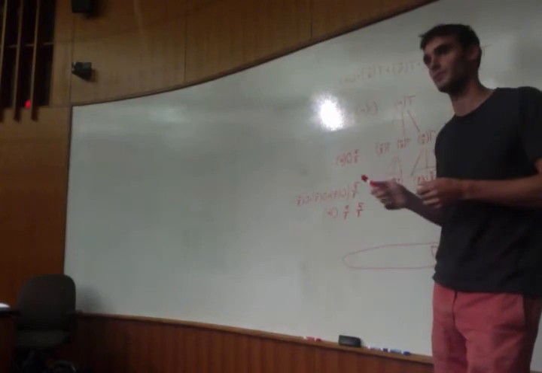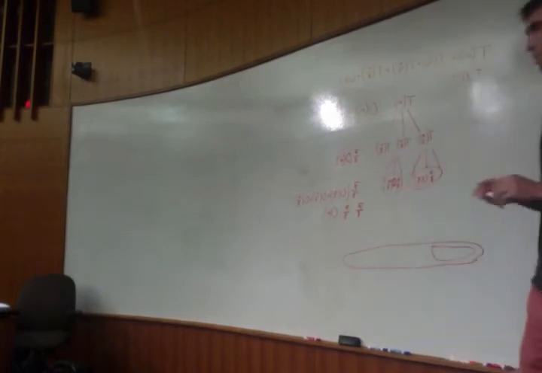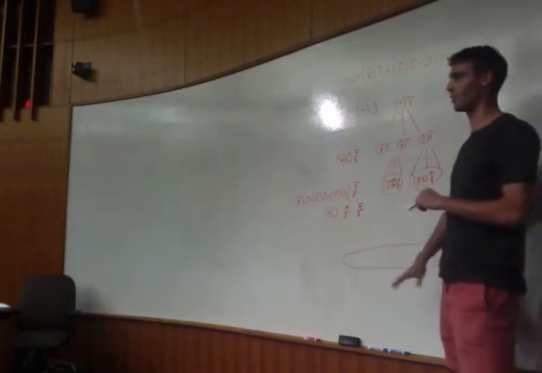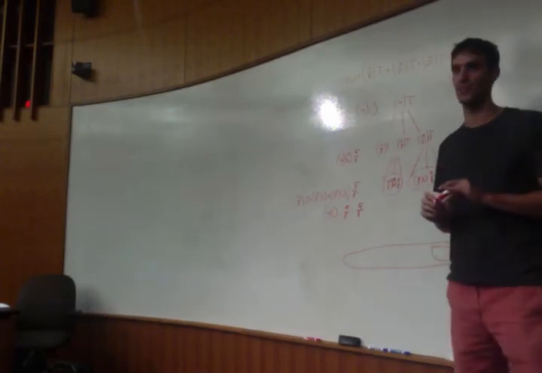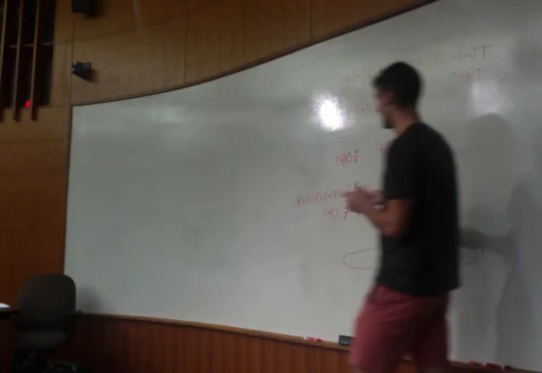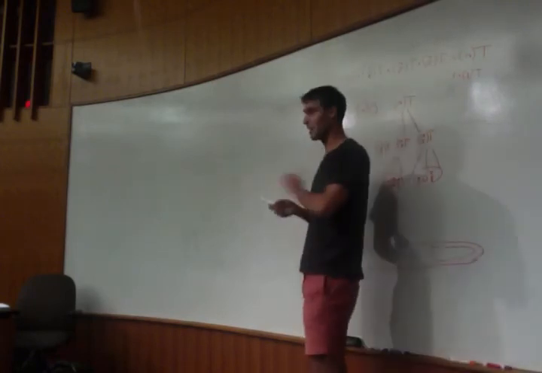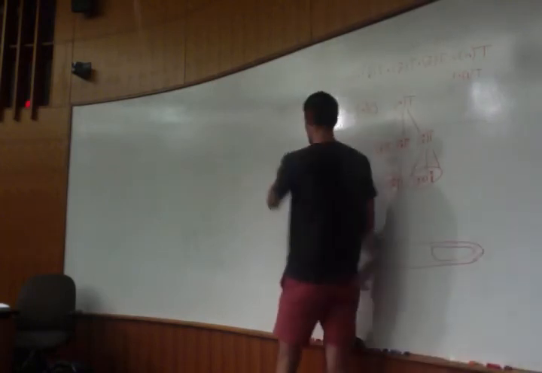All right, so what's the total upper bound here? If I add it across all of the levels, it's O of n. Why is it O of n? Even if there were infinitely many levels, I don't care how many.